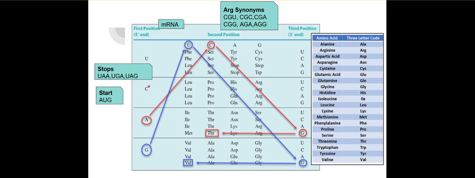And so the way to read this chart is this tells you, I'm not going to ask you to memorize this chart or anything. I'll give it to you on the test, but then ask you to utilize it. But the way to read this is that you look at the first, second, and third position of the codon.